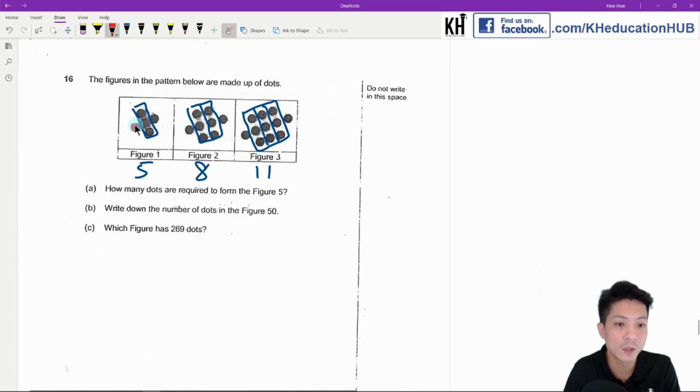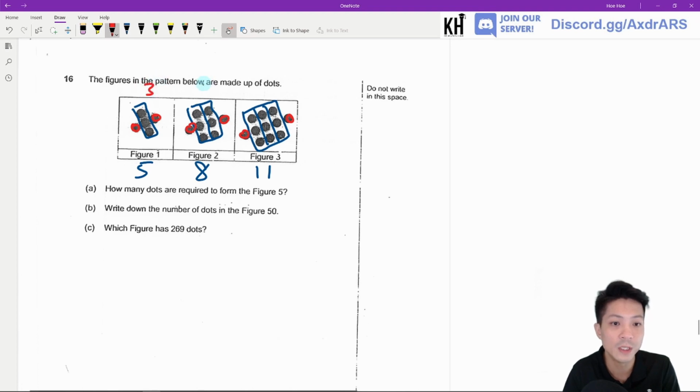You can see that there's always 2 circles by the side. So if you take the total minus 2, you're going to get 3, 6, 9, which is basically the 3 times table. Figure 1, figure 2, figure 3 means 1 times 3, 2 times 3, and 3 times 3.